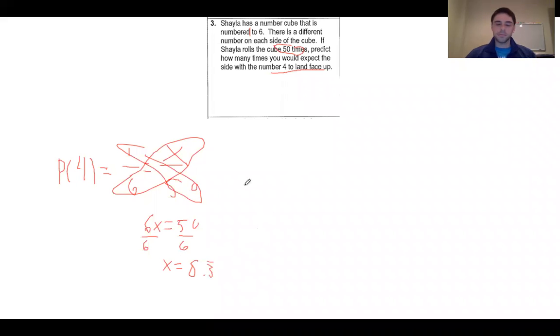So we can say it'll land on 4 approximately 8 times. The number cube will land on 4 approximately 8 times. Awesome. There we go.